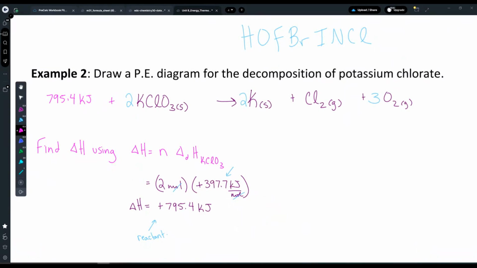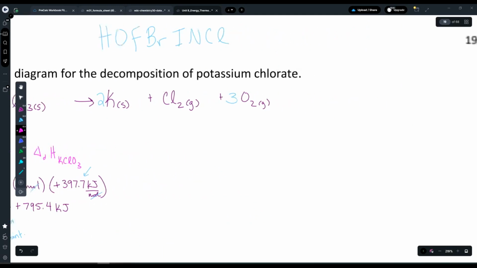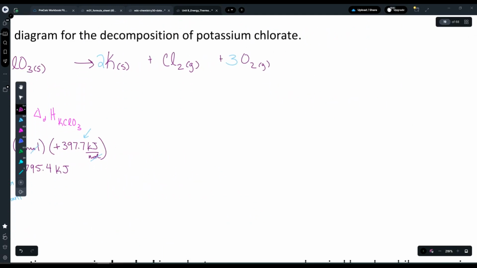All right, so there is my thermochemical equation. Now I can draw the potential energy diagram for this.